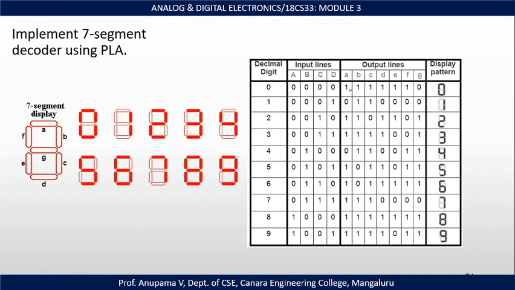Hence, at the output side, A to F LEDs will glow, G will be off, which is represented as 0. Now, the next number we are going to represent is 1. So the input line is 0001. So at the output side, the number 1 is represented like this in 7 segment display, that is LED B and C will glow, hence BC value is set to 1 and remaining output values are set to 0.